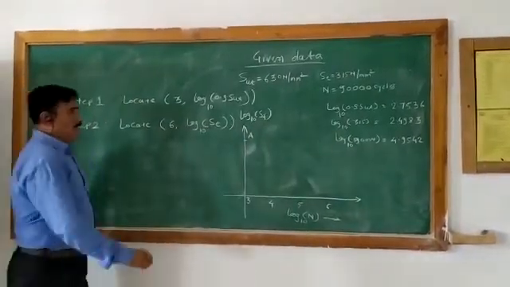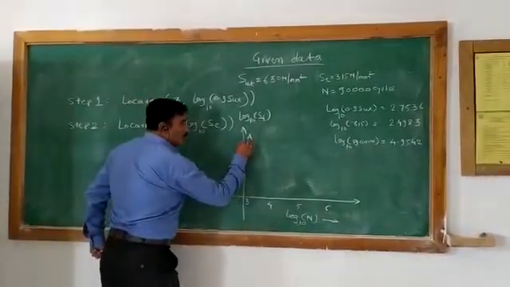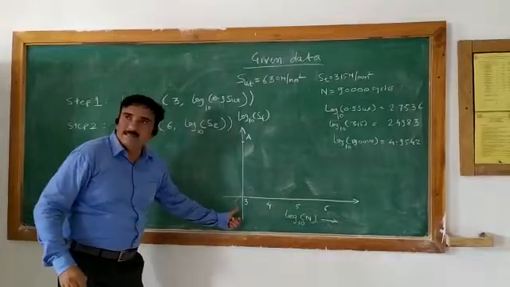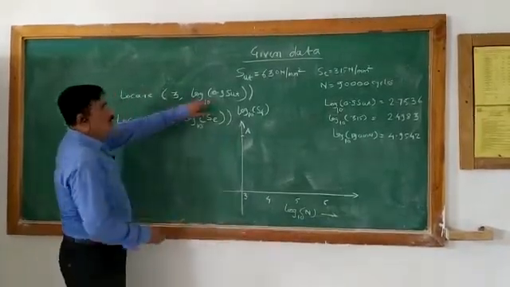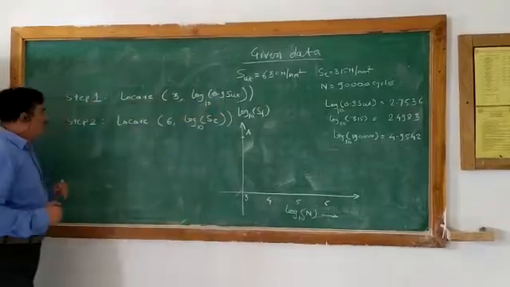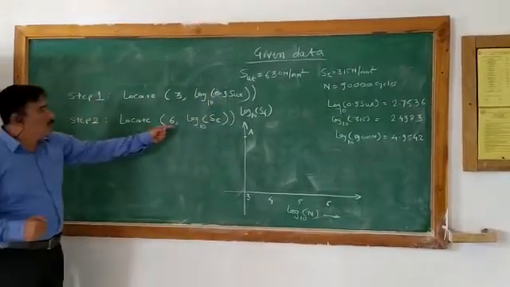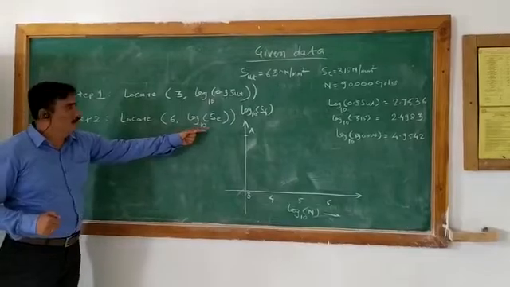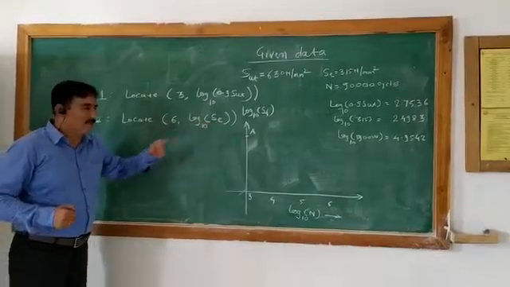So now I have taken one point A, where on the x-axis it is 3, and on the y-axis log of 0.9 SUT to the base 10. Second step, locate (6, log of SE to the base 10).